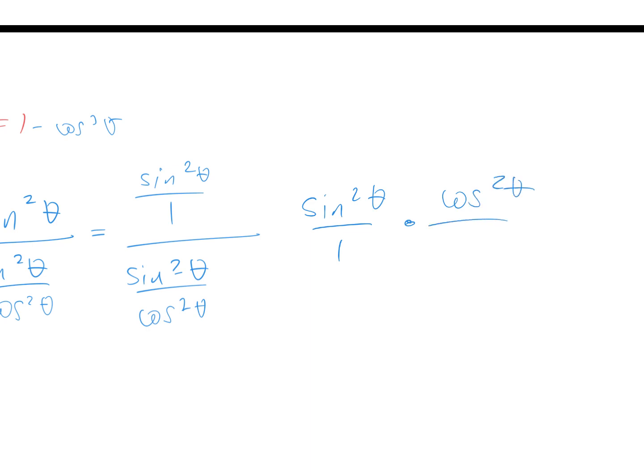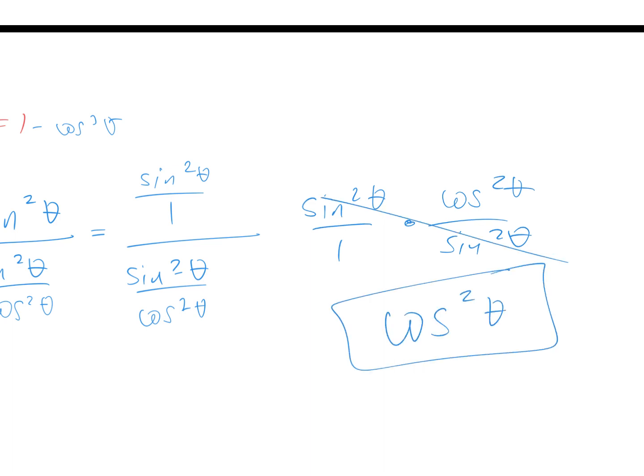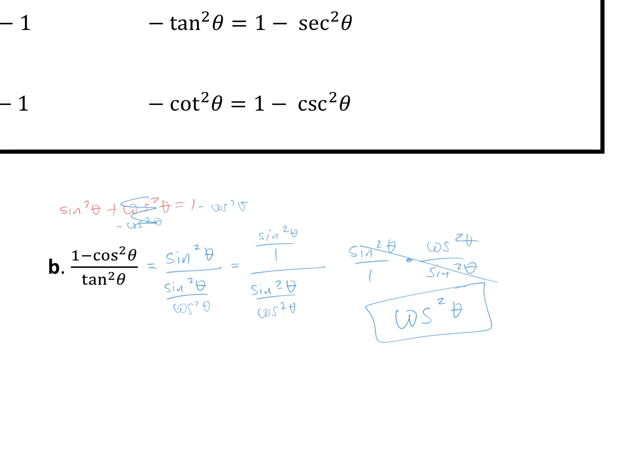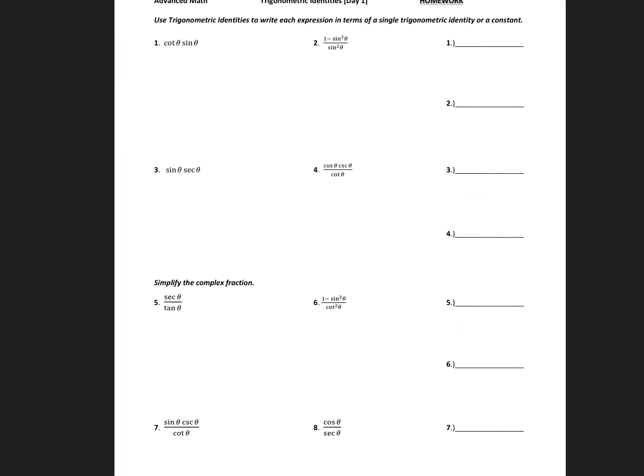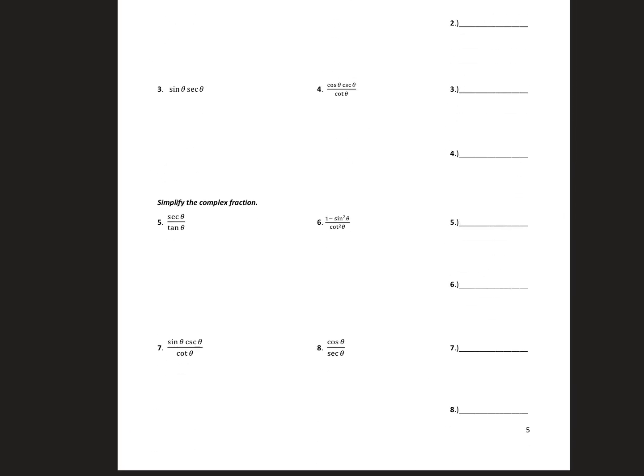Cosine squared over sine squared. What happens to my sine squareds? And you're left with cosine squared. Everybody okay? Scoot along. None of these are really difficult.